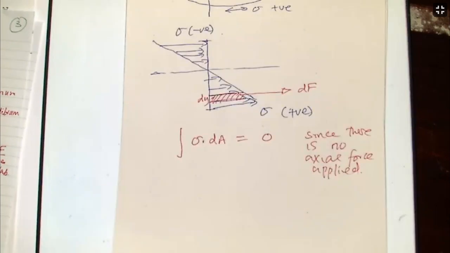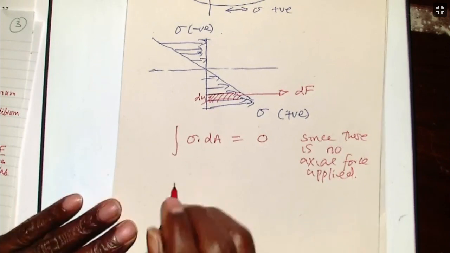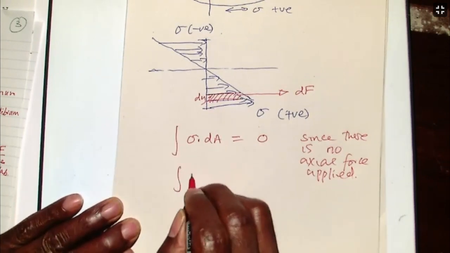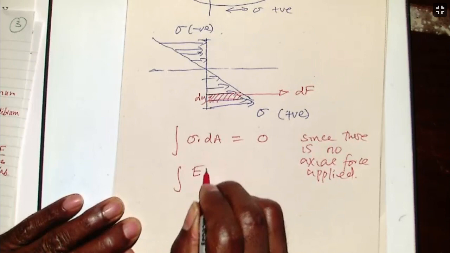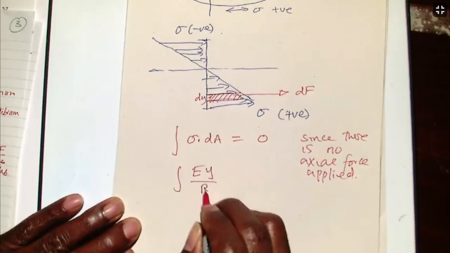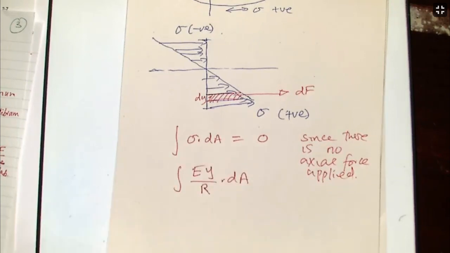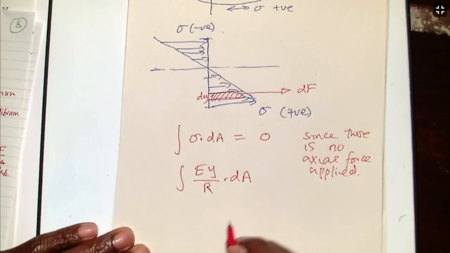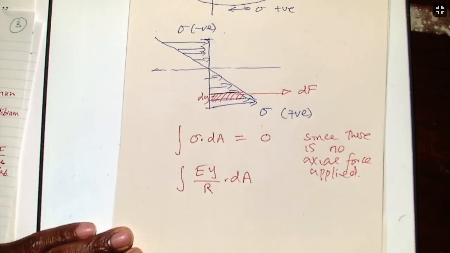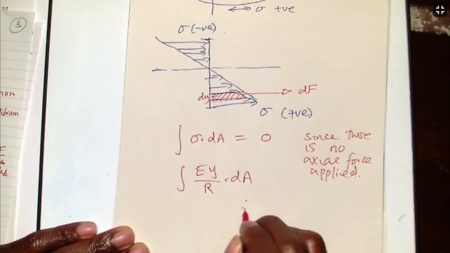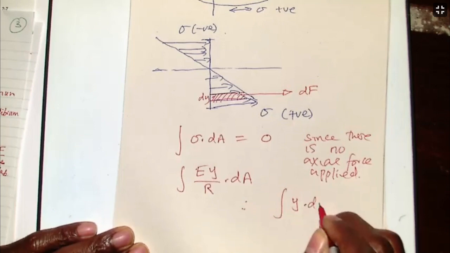So if we use our relationship which we showed earlier, we can show therefore that sigma is EY over R dA, where dA is the small area of the cross section. Because the modulus is never zero and the radius of curvature is not zero, what needs to be zero is the integral of Y dA.